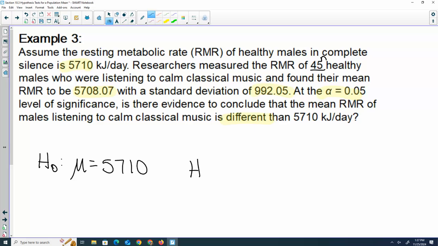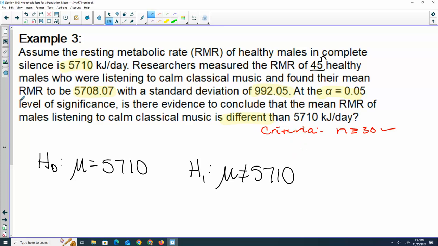The alternative, I want to test if it's different, so that would be not equal. If I am talking about the mean, we should verify our criteria. What criteria do we need? The sample size is greater than 30, and we're good there. That's the only criteria I'll ask you to verify.